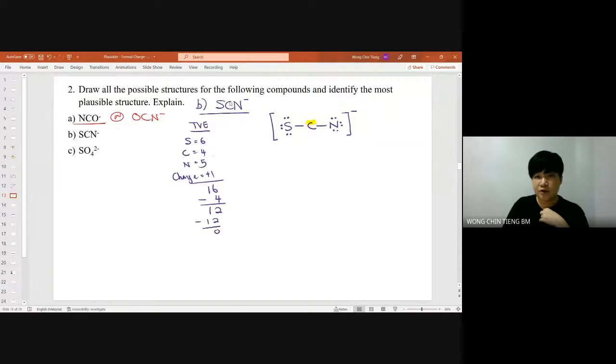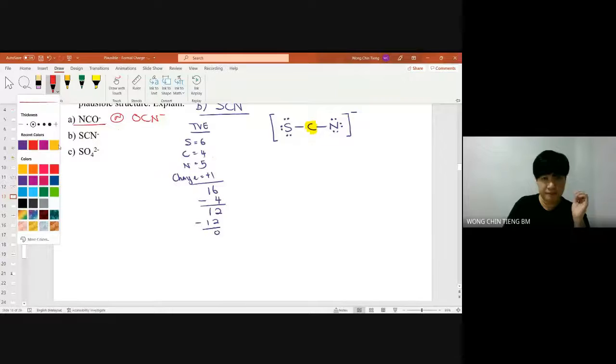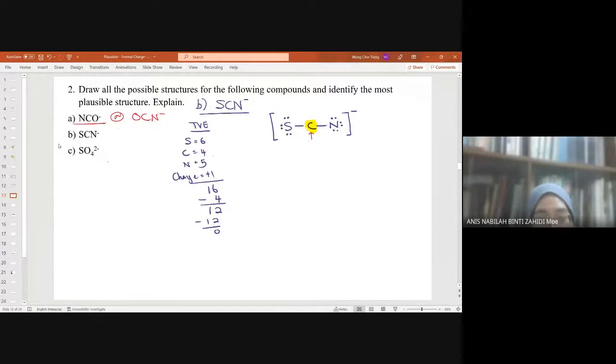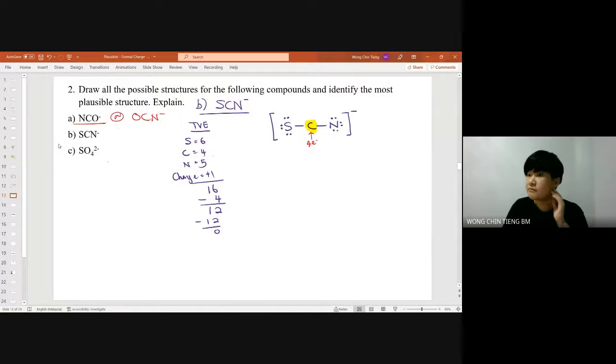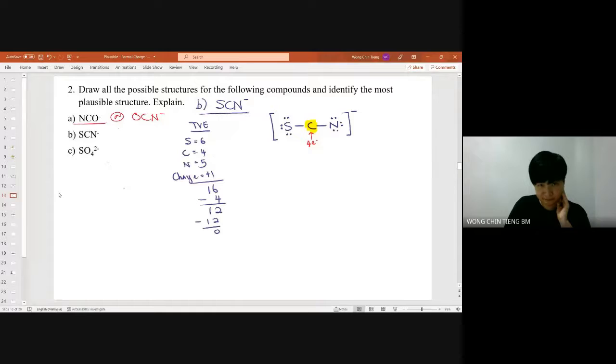Our final step, tengok pada central atom. Okay, Anis Nabila. Central atom saya sekarang, berapa elektron? 4 elektron je, tak octet, betul? So, structure pertama, Anis nak buat macam mana untuk jadikan dia octet?